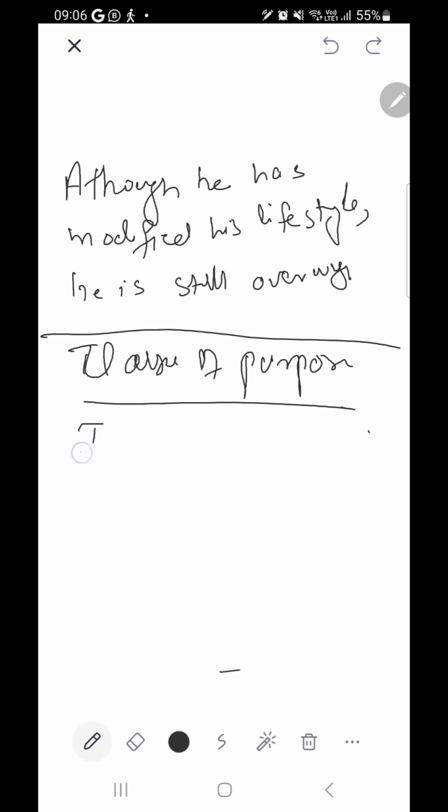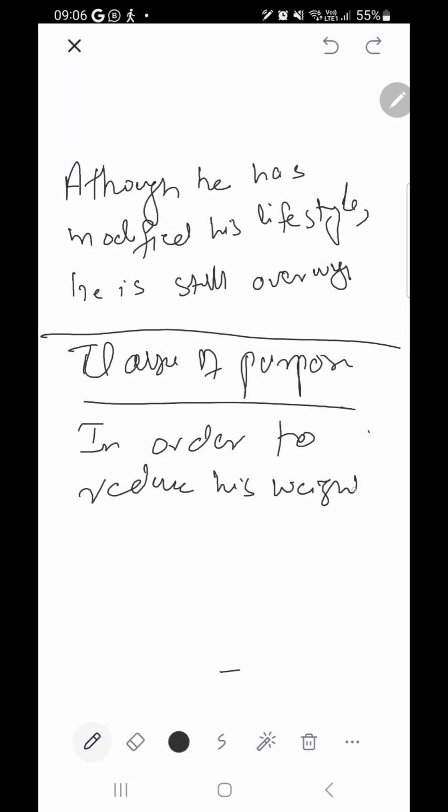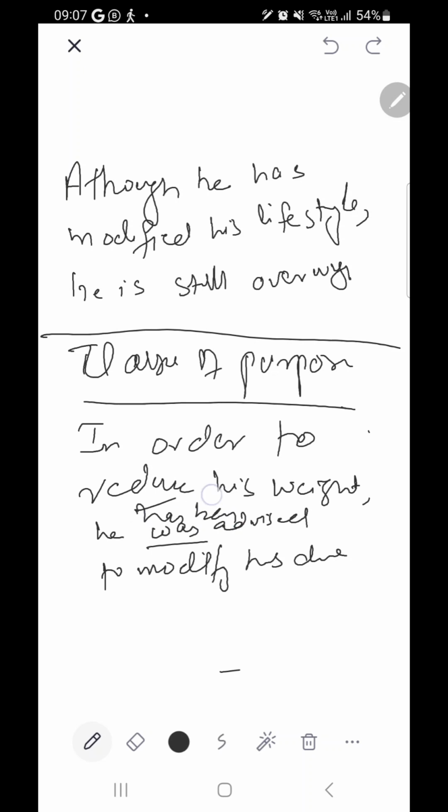Let's say: in order to reduce his weight, he was advised to modify his diet. Or in order to reduce his weight, he has been advised to modify his diet, and so on.